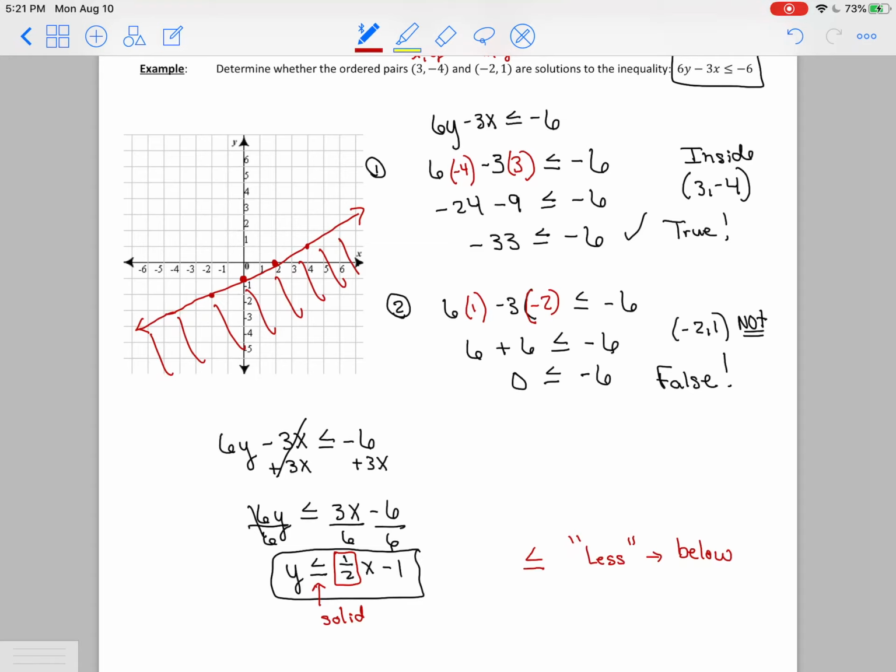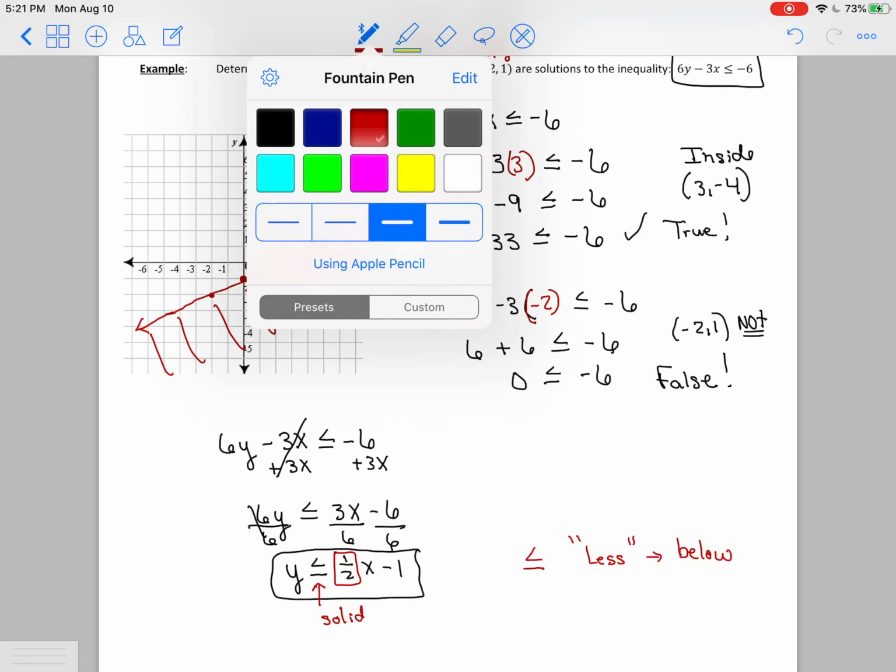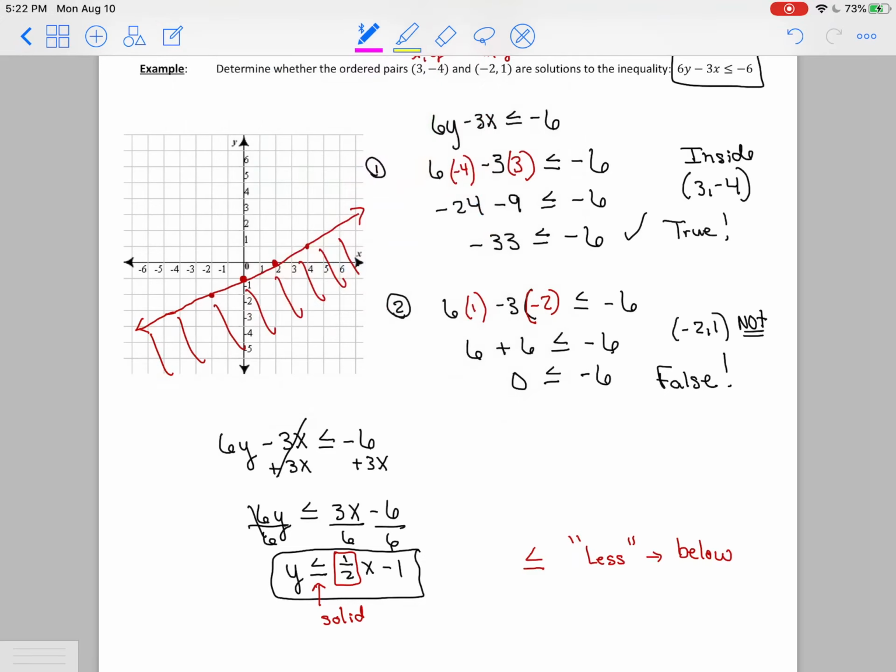Okay, so if this were a problem where I was asking you to graph and then you were doing a check, then you would have gone kind of the opposite direction than how we started this original problem. You would have thought, okay, I need to check a point inside my solution region and outside my solution region. And we can see here that -2, 1 is right here.